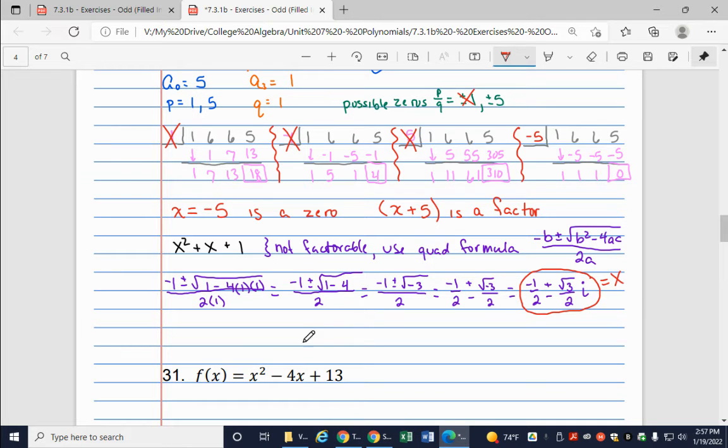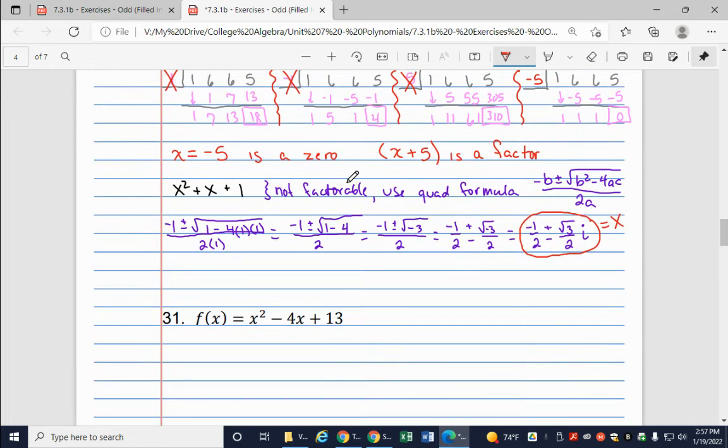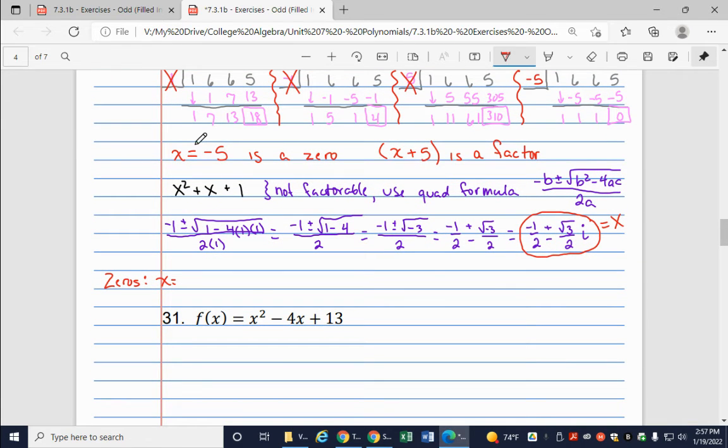Okay. So remember what this asked me to do? It said to find all the zeros. My zeros are x equals, we said the first one was x equals negative 5, right here. And then these two.